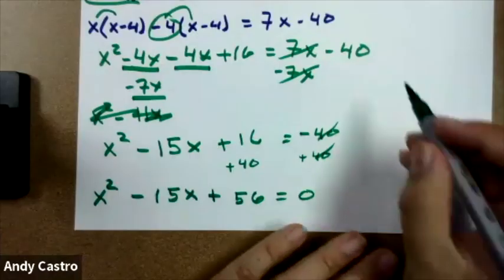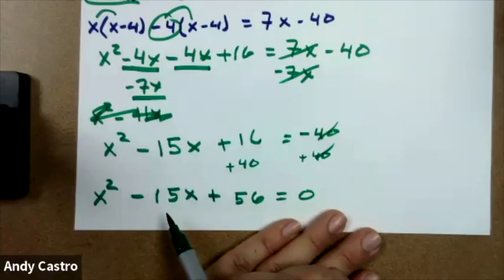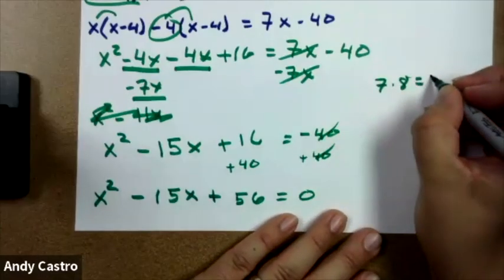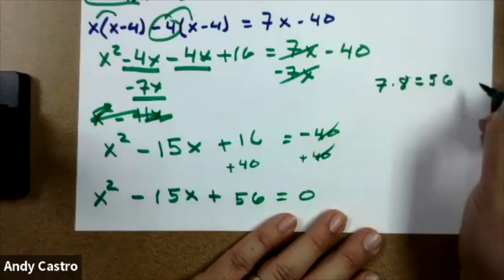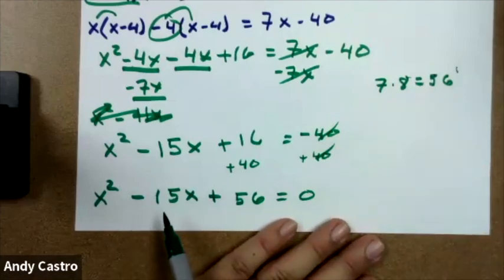Okay. Two things that multiply together to give me 56 and add together to give me negative 15. I know that 7 times 8 is 56, but it needs to add together to give me negative 15.